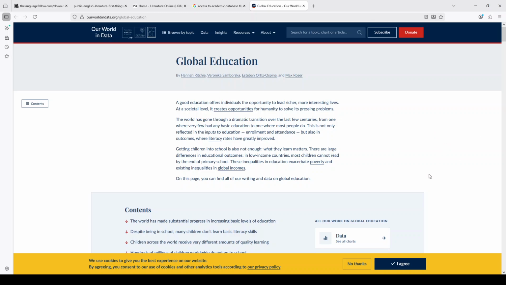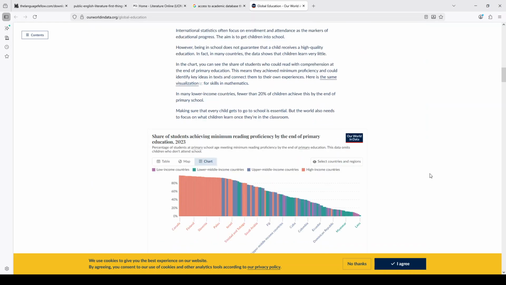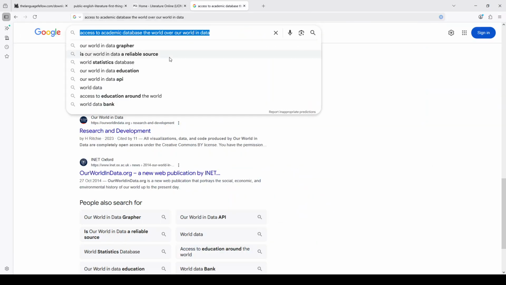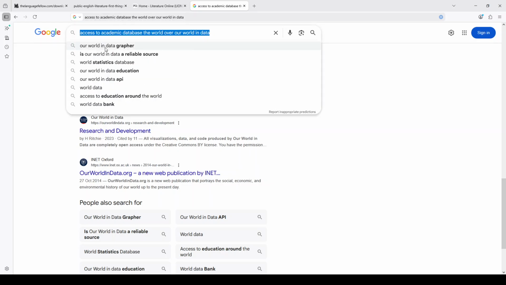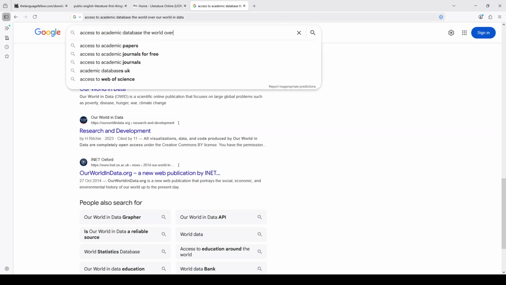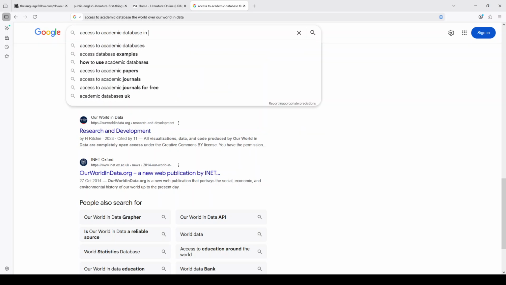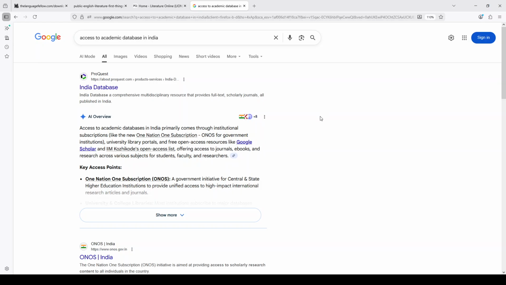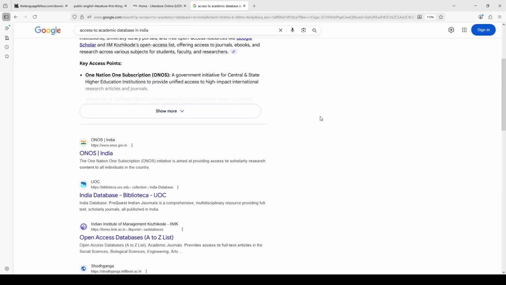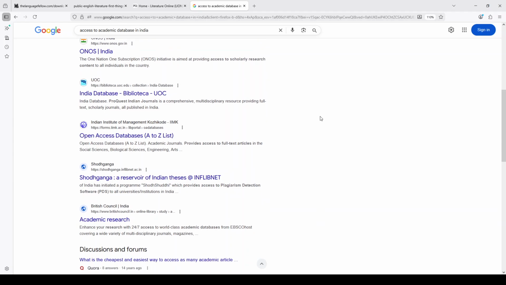So global education and data on global education, I don't want this. I want very particular statistics as to access to academic databases over the world, or Our World in Data. Okay, so let's say ONOS is something that's new to me.